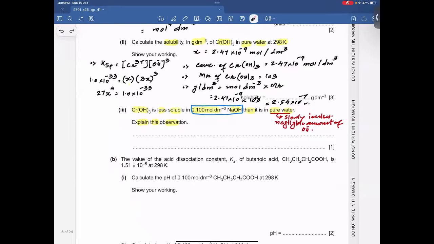And that's what the examiner gives us the information. So NaOH increases the concentration of hydroxide ion in a saturated solution.